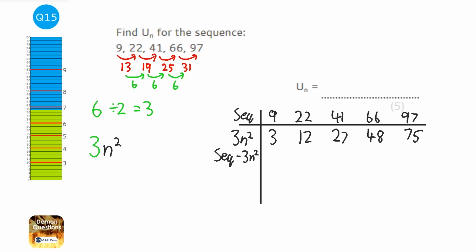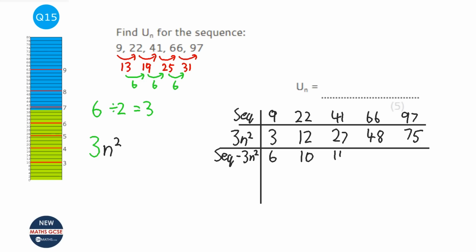So basically what I'm doing is 9 take away 3, which is 6, 22 take away 12, which is 10, 41 take away 27, which is 14, and I'm just going to keep subtracting them. Now you might notice that we've got a linear sequence now. This linear sequence that's formed is going up in 4s. So each one is going up in 4s.